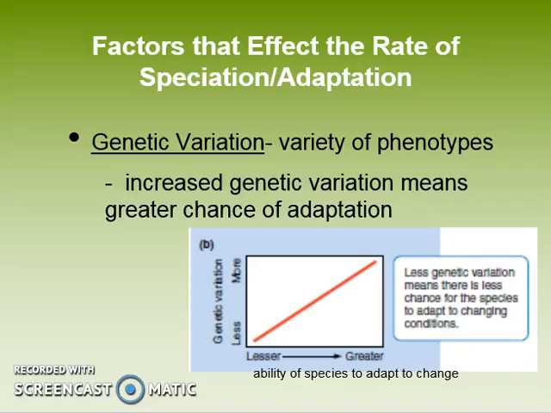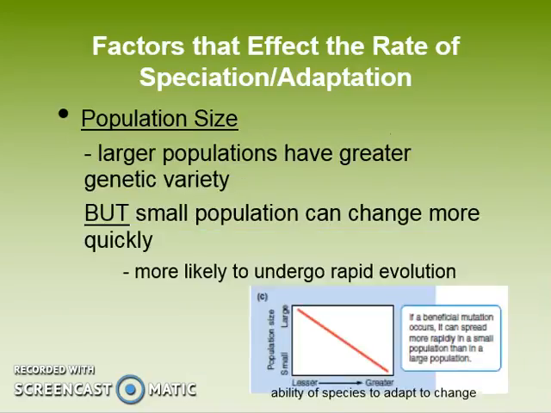If you have very little genetic diversity within your population, adaptation is going to be very difficult, so they're less likely to be able to adapt to a change. If you have a lot of genetic diversity in your population, your ability to adapt to changes, evolve, or create new species is much higher because of that genetic variability.